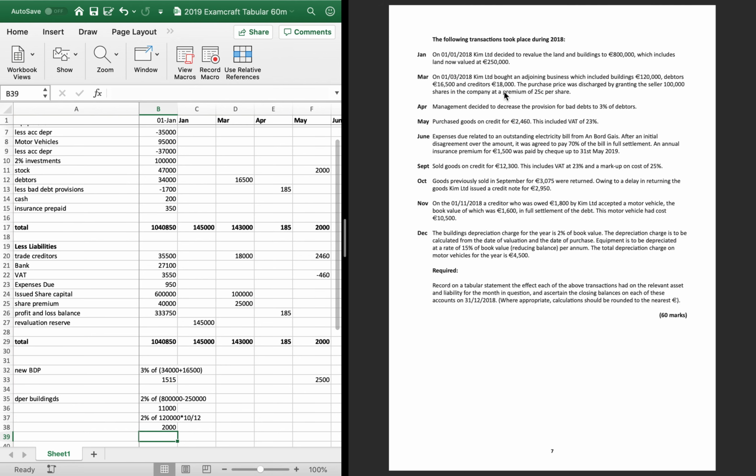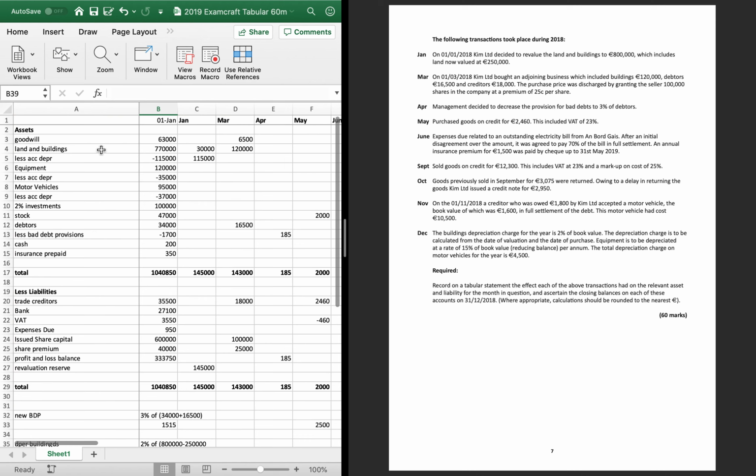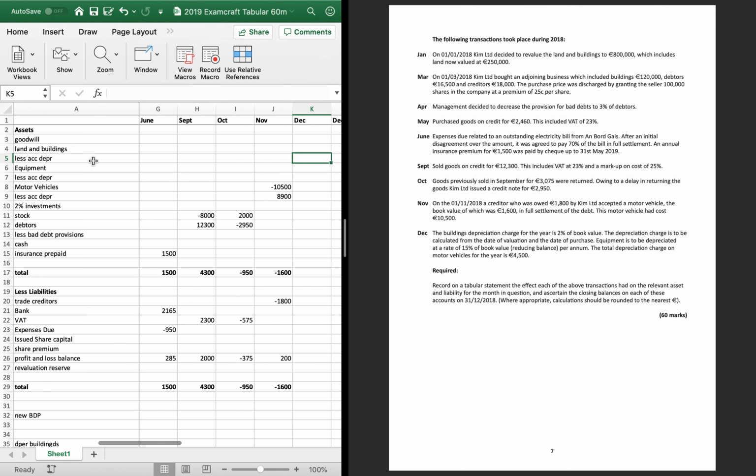Yeah, 2,000. So the total depreciation on the land and buildings is 13,000. So we just work across there, and we're happy enough on that.